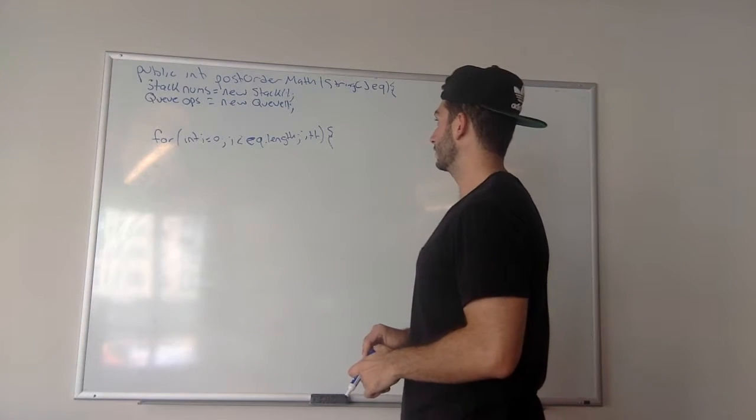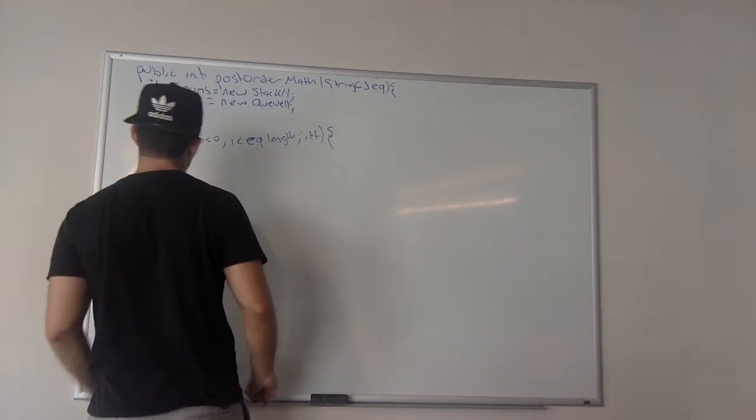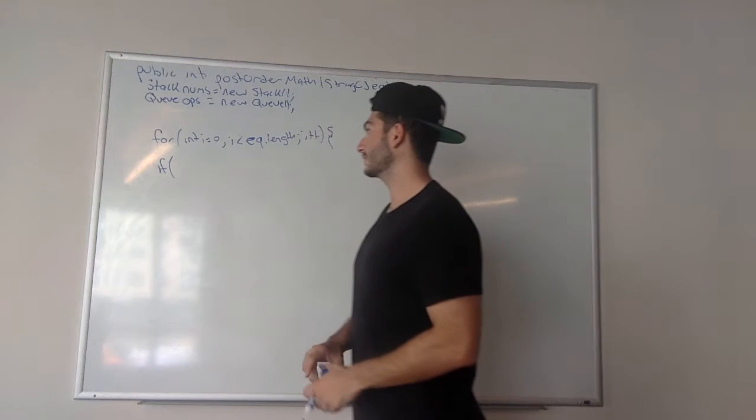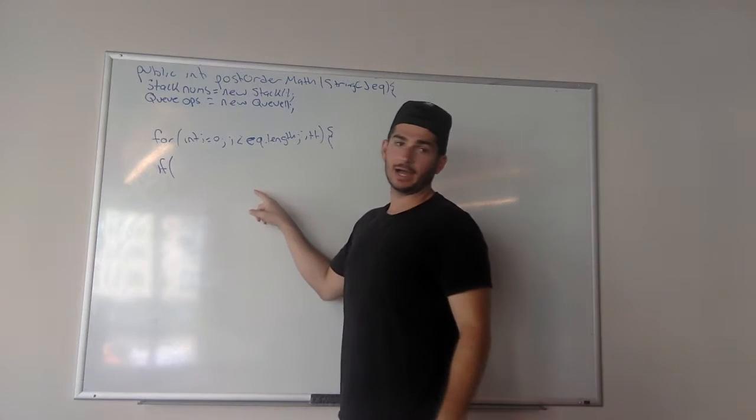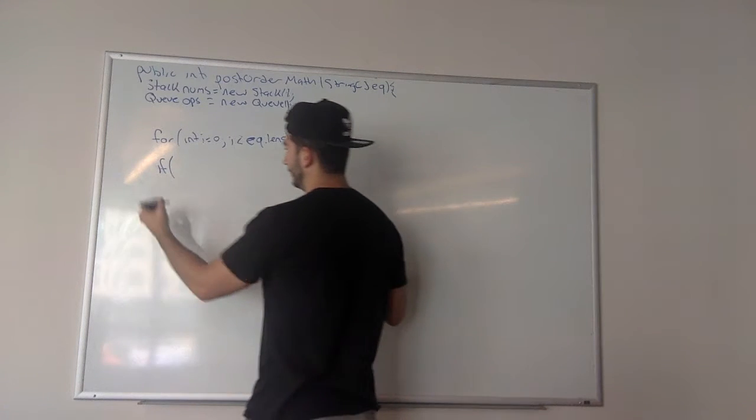Inside the for loop, the first thing I want to do is check if the element at position I in the array is an operator.